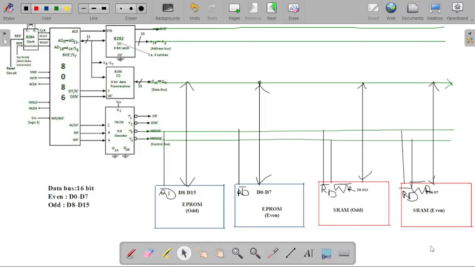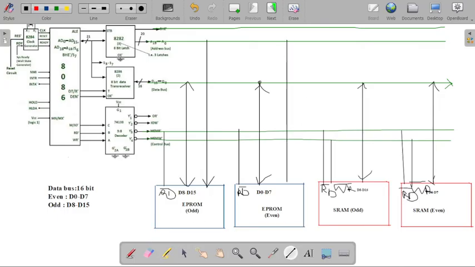Now we are done with our data bus, and the last thing we have to draw is the address bus for our EPROM as well as SRAM. First of all, I'm writing this connection here, and I'm giving this single directional bus, that is a unidirectional bus.